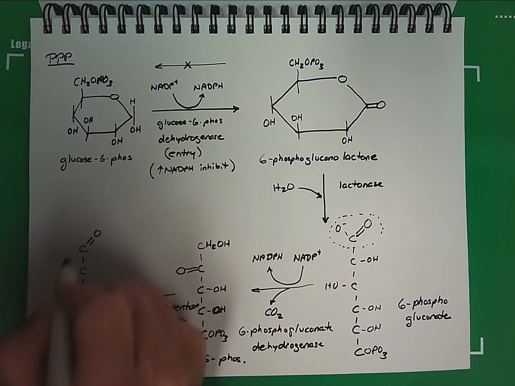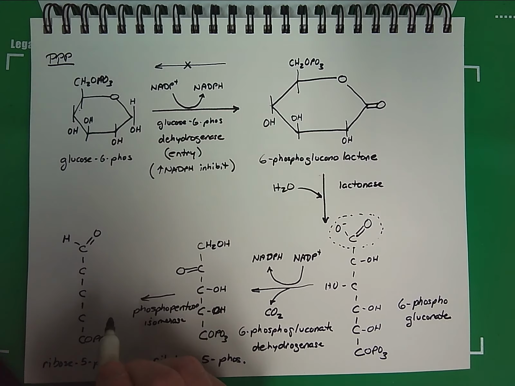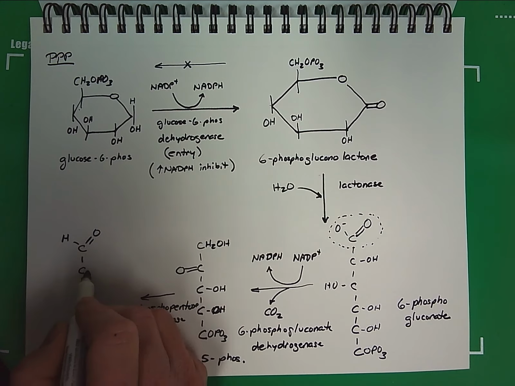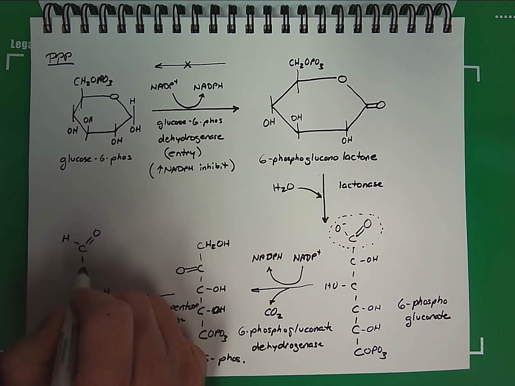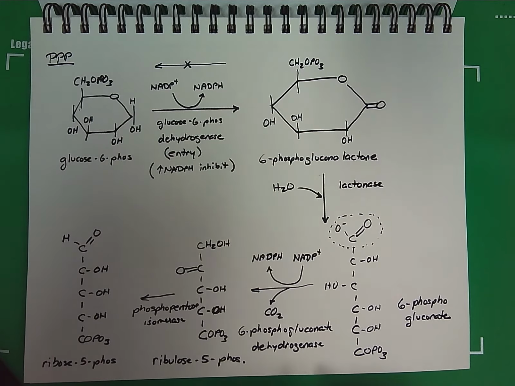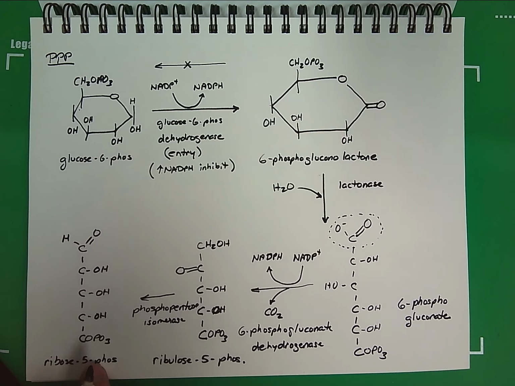And now, instead of a ketose, we are forming an aldose. Now this molecule, of course, cyclizes to form our 5-membered ring structure of ribose.